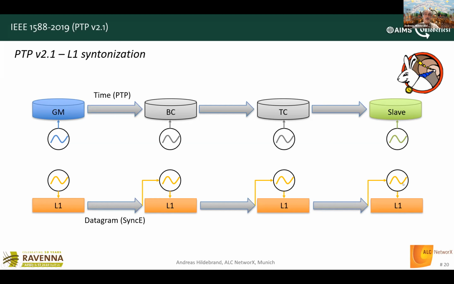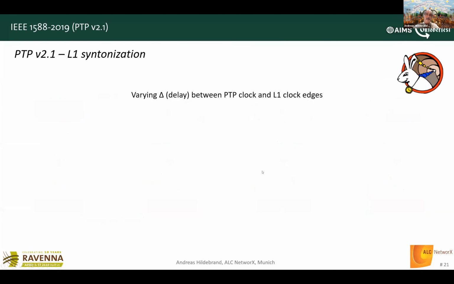That means that all these clocks on the physical layer are really synchronized to each other. The problem is that usually the PTP clock reference and the layer 1 clock reference are not the same in those individual devices. And that results in something which I have tried to simplify here. It's a bit more complicated in real life. I'm trying to simplify this as a graphic.